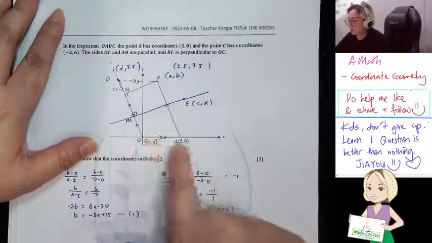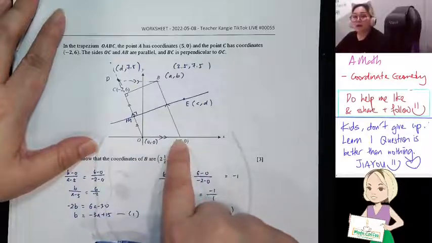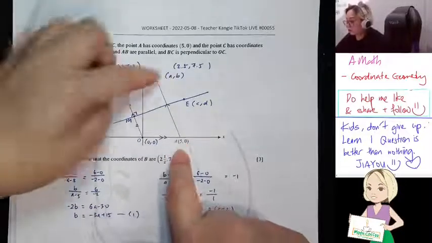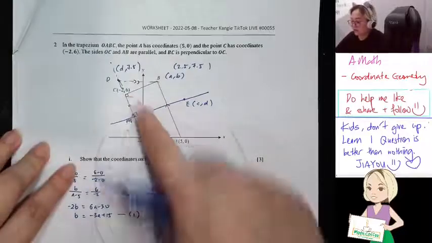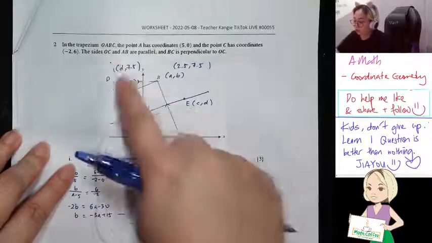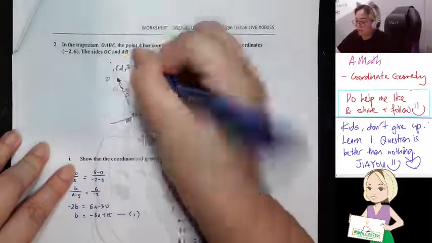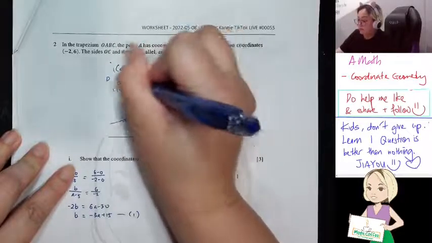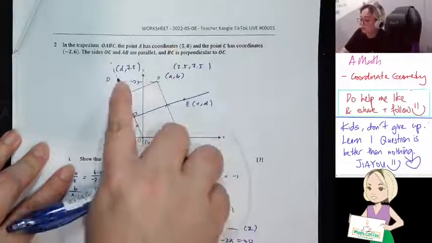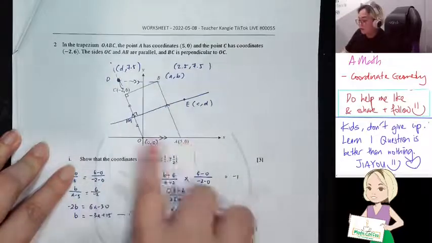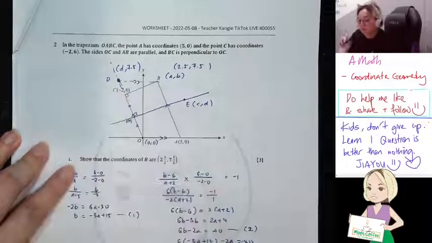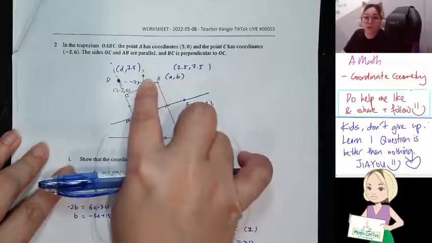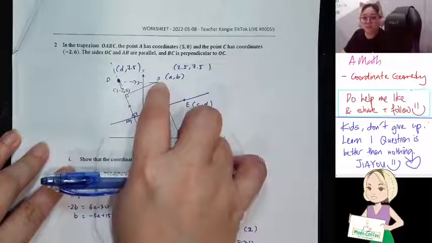So if you notice, the bottom OA is a line which is on the x-axis. This means it's flat. So I extend my OC, dot, dot, dot, dot. I know my point D is here. And this one is a horizontal line. So DB is a horizontal line. So if DB is a horizontal line, it means that the y coordinate will not change. That means it will be the same as B.